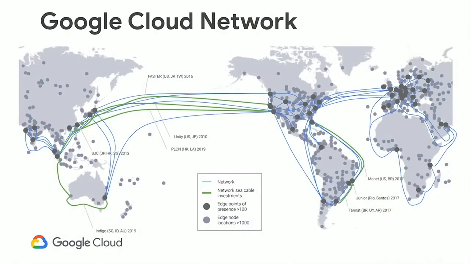All right, so I'm going to switch gears here and now talk about networking. One of the things we are proudest about in Google Cloud and our infrastructure is that we have our own private network. So when you are transmitting data between our services, it travels completely on our network before it ever touches the public internet. And we can route traffic all around the world.